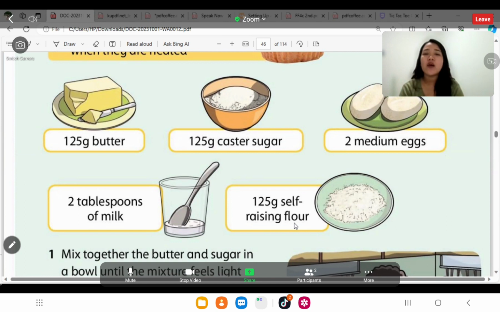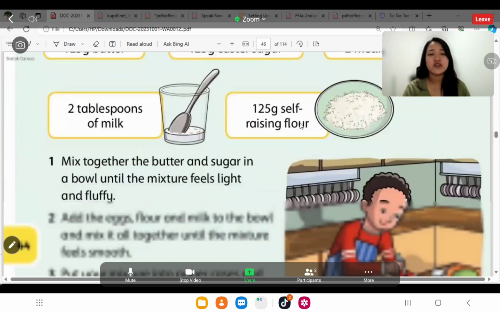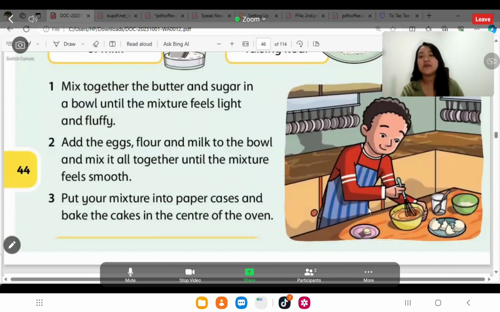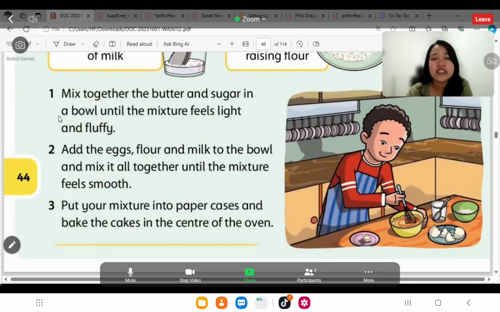So you know what? These are five ingredients, Isabel, to make a cupcake, just like here. So first, just like this man, he is baking a cupcake. Let's read the first step that he does. Mix together the butter and sugar in the bowl until the mixture feels light and fluffy.